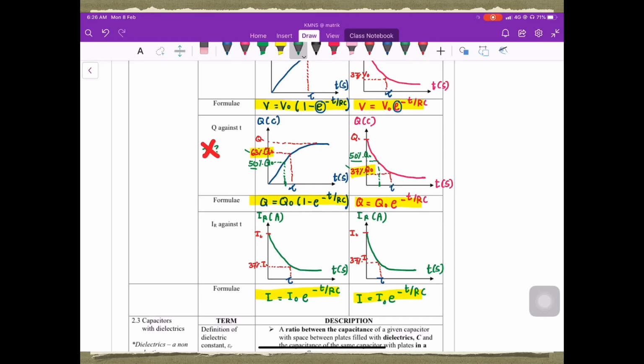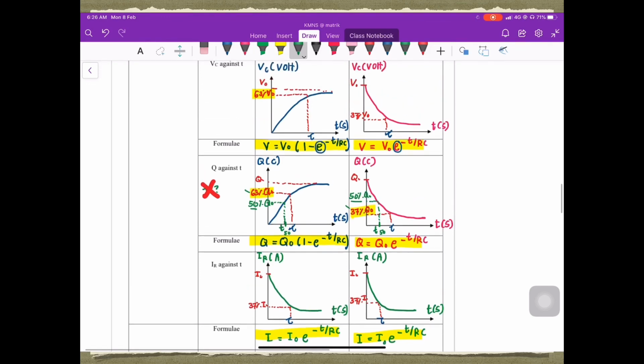So I just label this T for 50%. This is T, not tau, but T for 50%.